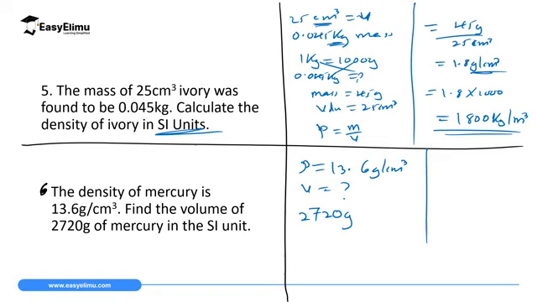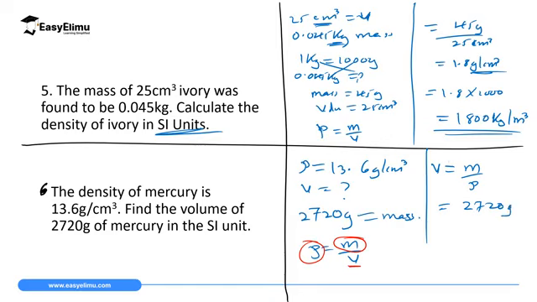So this is the mass. We are looking for the volume, we don't have it. From density is equal to mass over volume, we have the mass, we have the density, we are looking for volume. Then in this case, our answer will be volume is equal to mass over density.